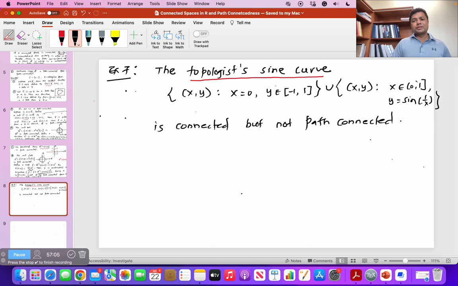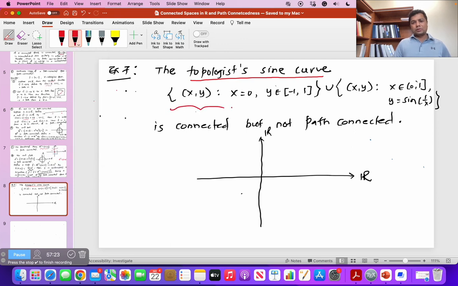Let's see the picture of this topologist's sine curve. Let's say this is our y-axis, a real line, and this is our x-axis, another real line. The topologist's sine curve is the union of those two sets. The first set is just the part of the y-axis from -1 to +1.